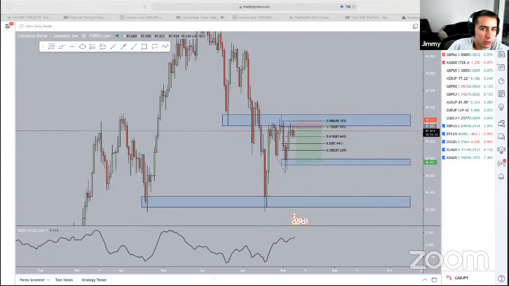If you go on H4 right now, I have the confirmation that we are in a zone of interest, but I need a break of structure on a lower time frame like H4.